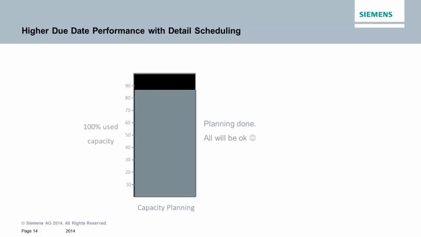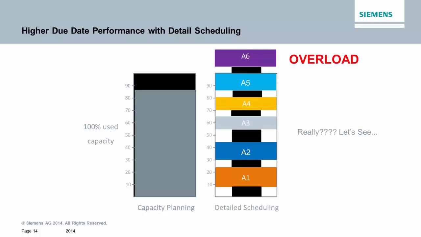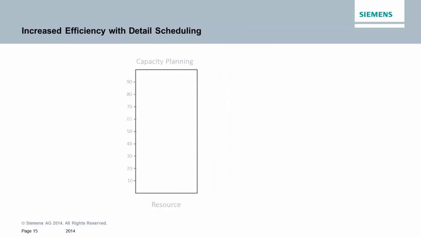So we've got our plan put together, everything's okay, right? Well, depending on the sequence that we put together our schedule, we may find ourselves in a situation where our equipment is overloaded and we're going to have late shipments.